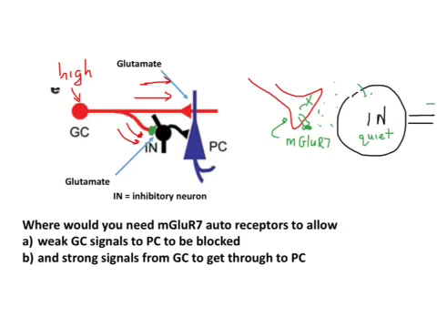You'd have no activity here in the inhibitory neuron to the pyramidal cell. So with high levels of stimulus coming into the granule cell, this excitation dominates. We remove the inhibition down here, and the signals go through to the pyramidal cell. So high signals go through, and relatively low signals get filtered out.